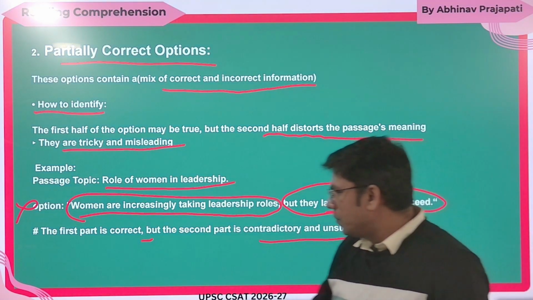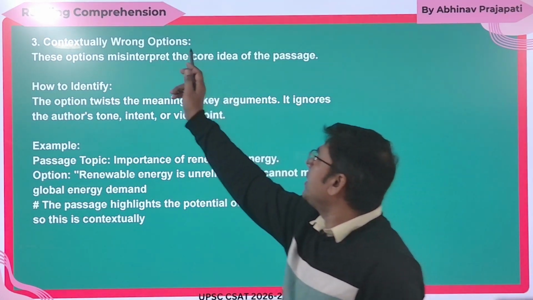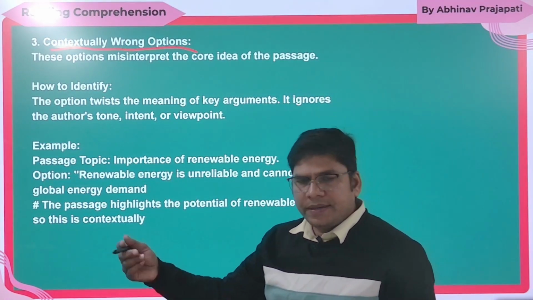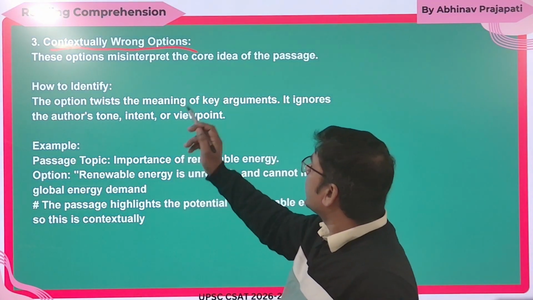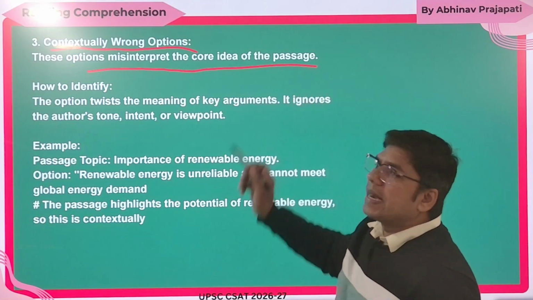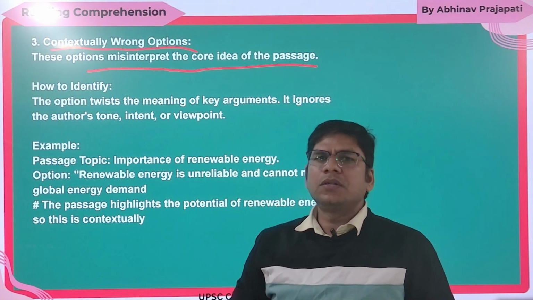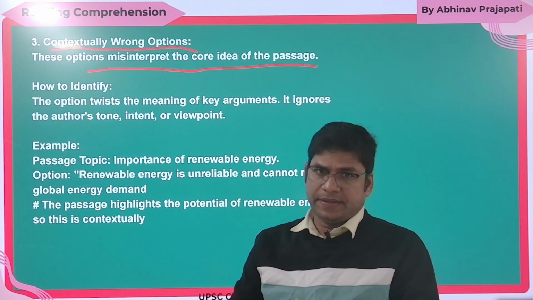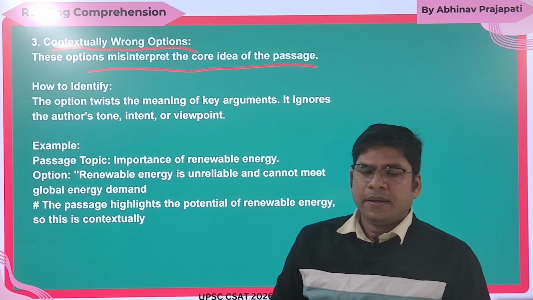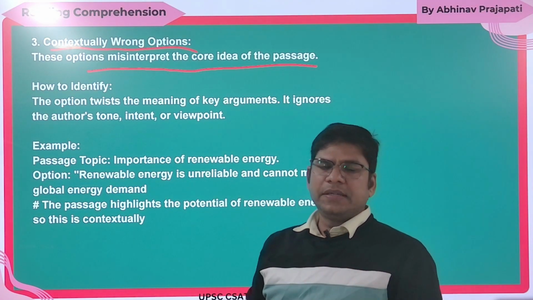Now, the third tool in the elimination technique is the contextually wrong option. What is this? These options misinterpret the core idea of the passage. In the passage the author wants to convey something different, but in the option some other inference has been made.